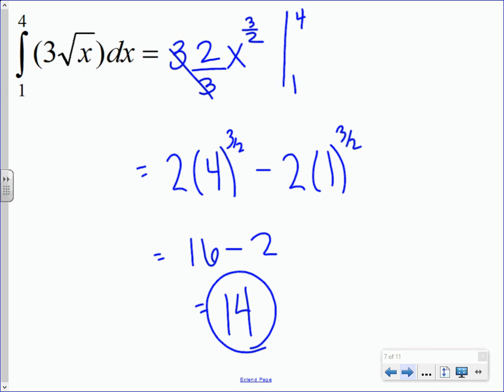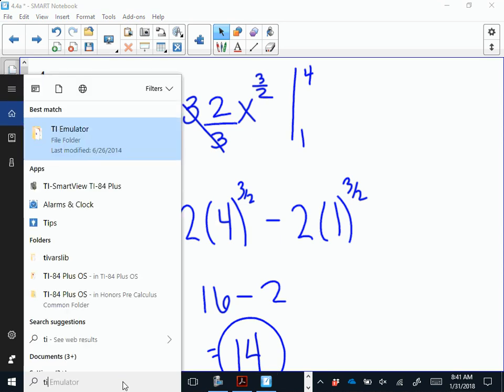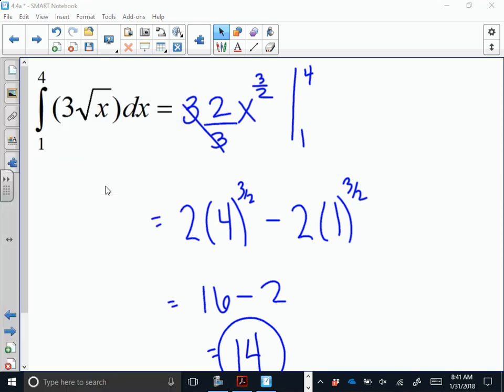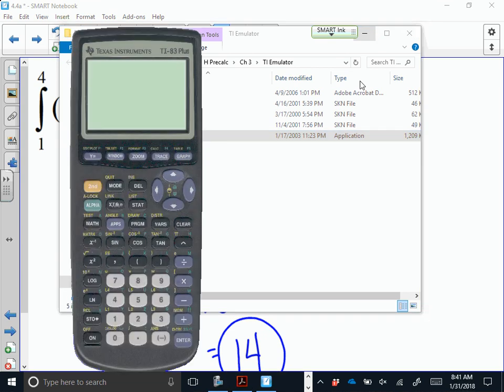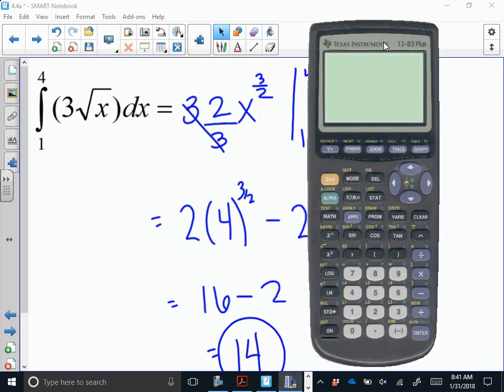Would you like to know a way to check your answers? Get out your calculator. How do we take the derivative at a point with our calculator?